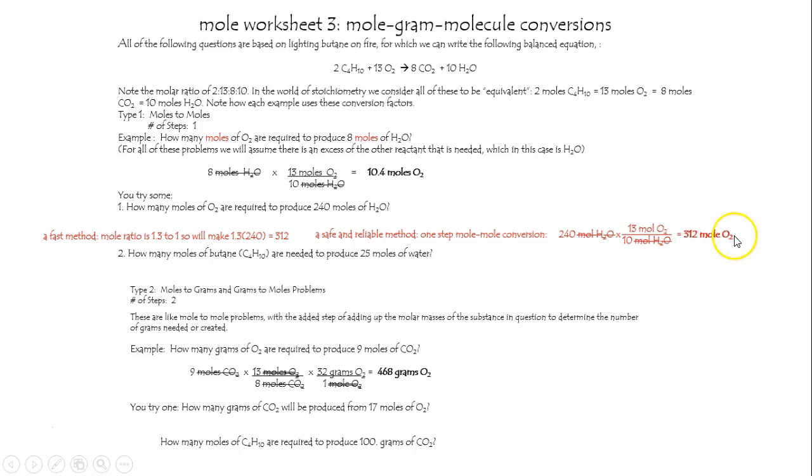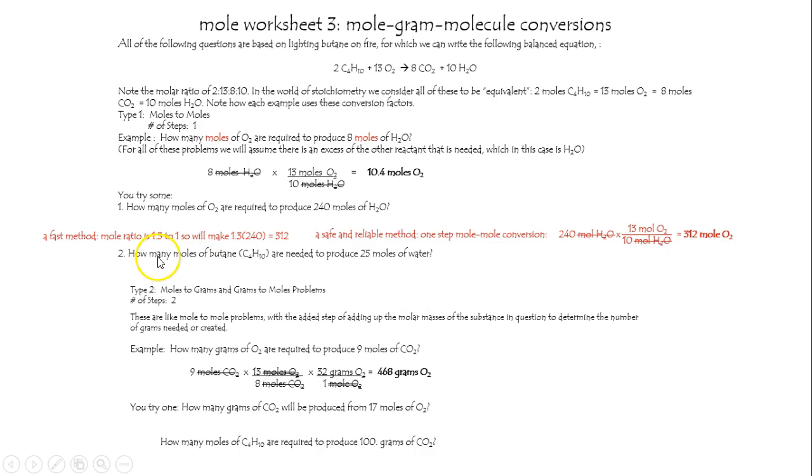And then write your conversion using the numbers in front. Always put this unit on the bottom so that it cancels. 10 moles of water cancels, is equivalent to 13 moles of oxygen. If we did everything right, it should spit out moles of oxygen. That is what they are asking for, 312 moles of oxygen.